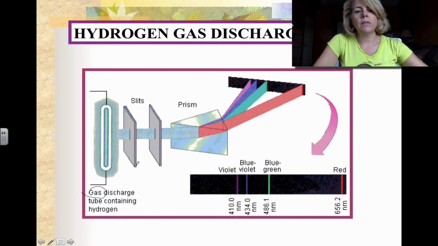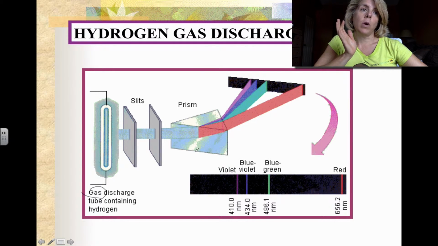There are 2 slits, and the slits help to modify the light coming through. You need a prism, because the prism bends the light depending on the wavelength. Notice that we have violet light all the way down to red, and the nm stands for nanometers. So we're talking about very tiny wavelengths of light.